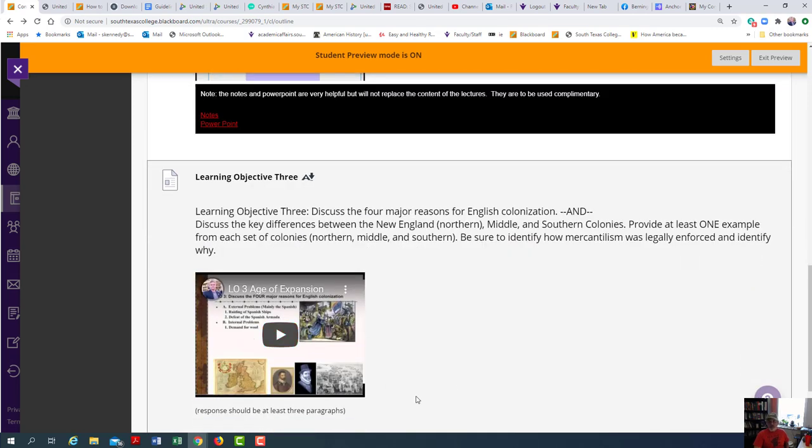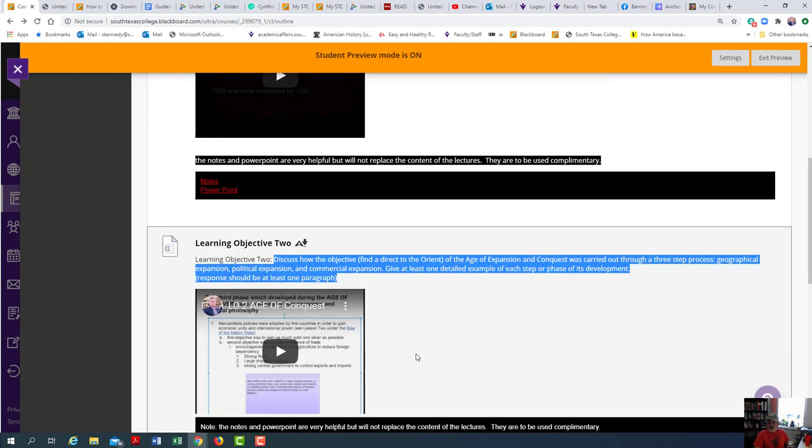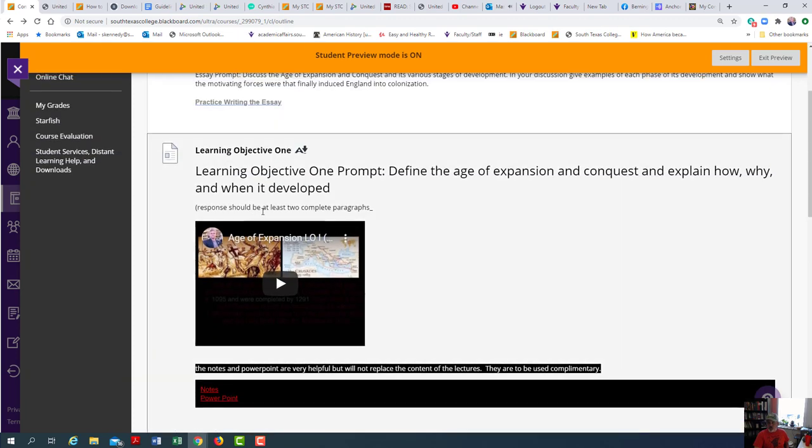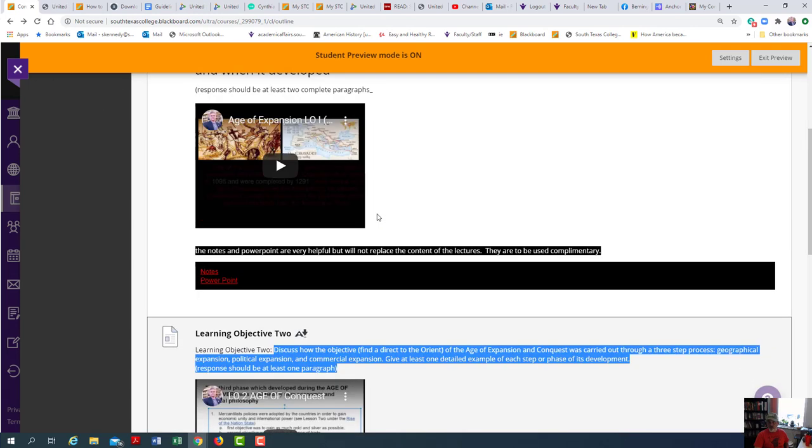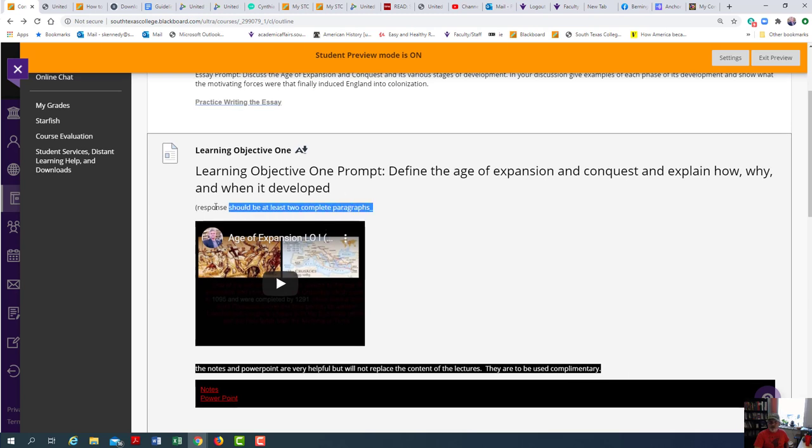There's notes, and noticing that these don't have a response, this one should have 2 paragraphs. This one should say, I'll put that in later, 1 paragraph, right? This is a guideline, right? So at the end of this, for learning objective 1, you should have at least 2 complete paragraphs.